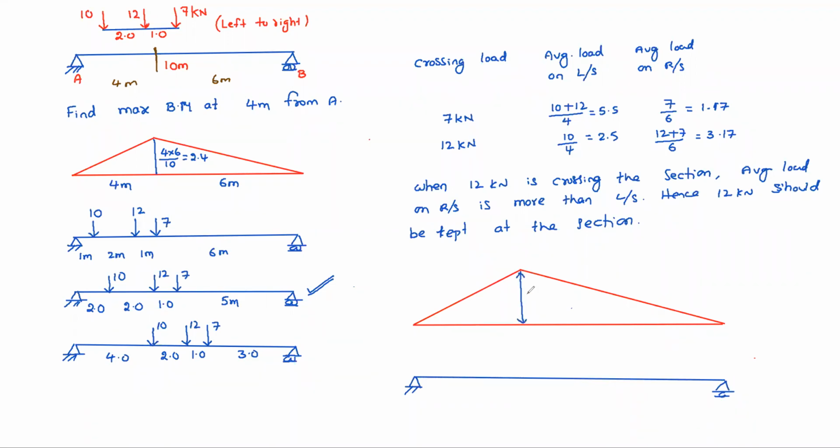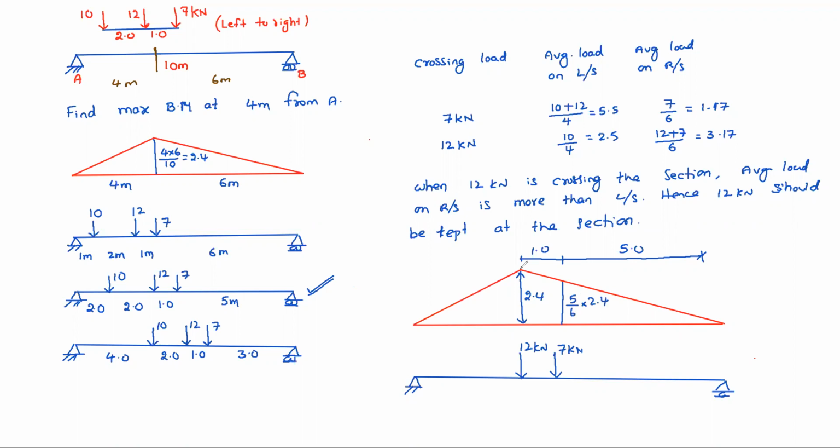This height is 2.4. So we need to keep that 12 kilonewtons here. Just 1 meter to the right, 7 kilonewtons. Here the ordinate: this is 1 meter and the remaining is 5 meters, right? So here this will be 5 by 6 of 2.4.